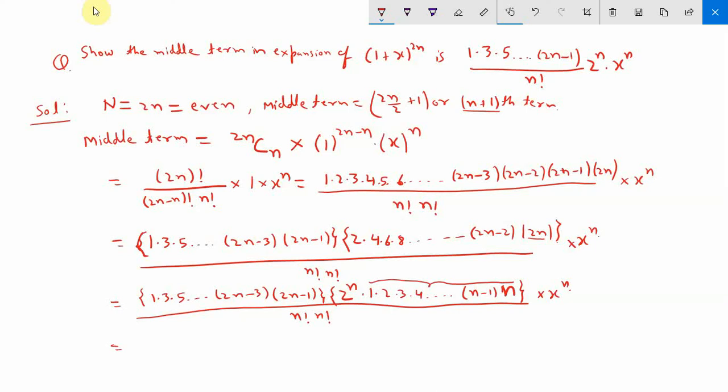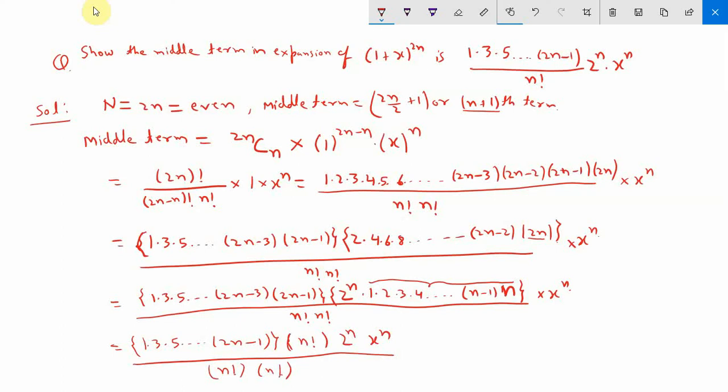So we can write this as 1 into 3 into 5 to 2n minus 1, and this will be n factorial into 2 to the power n into x to the power n by n factorial into n factorial.